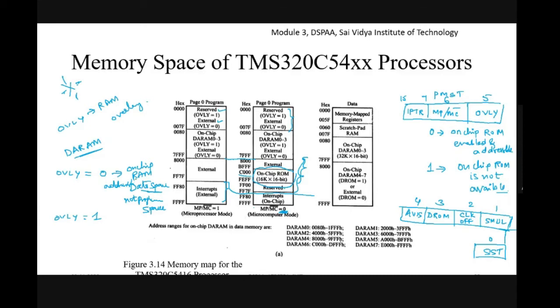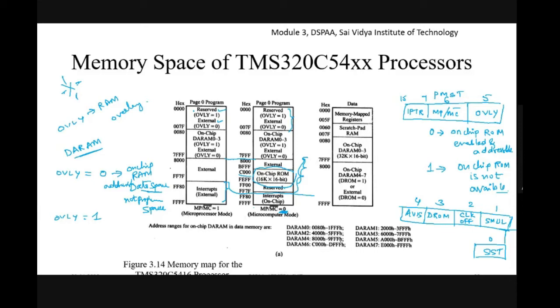But when it comes to page 0 program, this is page 0 program. In page 0 program, this is reserved. It is not mapped in the program space, except in the program page space of pages like page 0, page 1, page 2, page 3, etc. you may have, right?